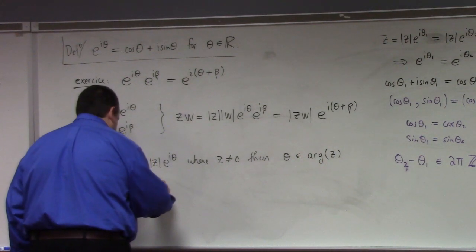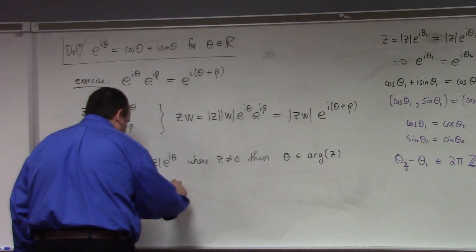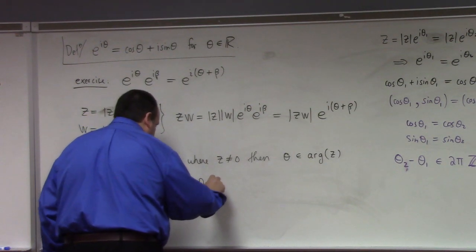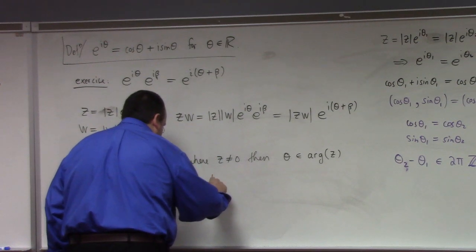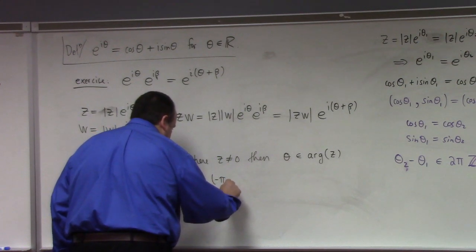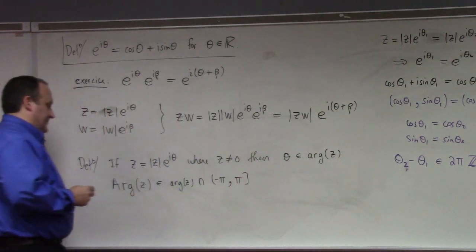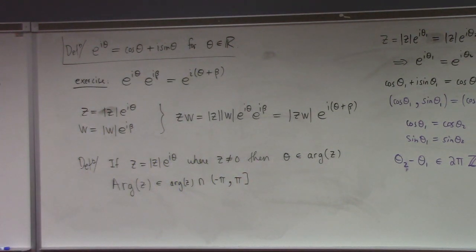Arg z is an element of arg z intersected with minus pi (not included) to pi (included). This is the so-called principal argument of z. This is our standard choice of standard angle in complex analysis. It does not suffice for our purposes in our application.